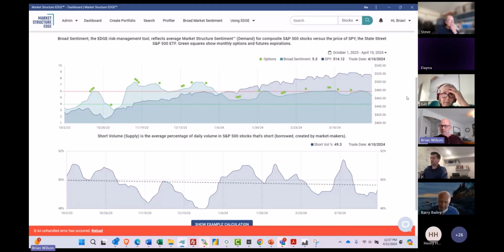If we were looking at the broad market component right now, and I mentioned this in yesterday's note, it's fading a little bit, right? We're still above neutral. Being above neutral generally supports price increases, but we are moving lower. So there's a little bit of risk in the market itself.